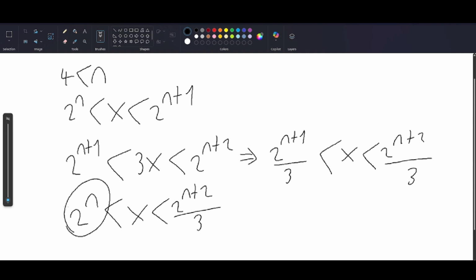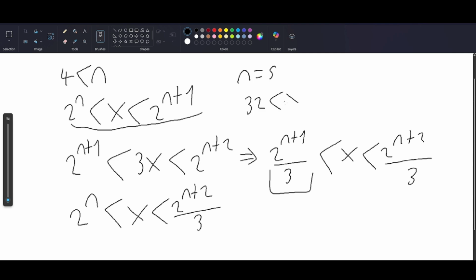Now we selected maximum for this and smallest for this. Why? Because we are given that x is in this range, right? And this thing tells that x is in this range. So what I mean is, let's say n equals 5. We are given that 32 is less than x is less than 64. So x can be any value in between these two.